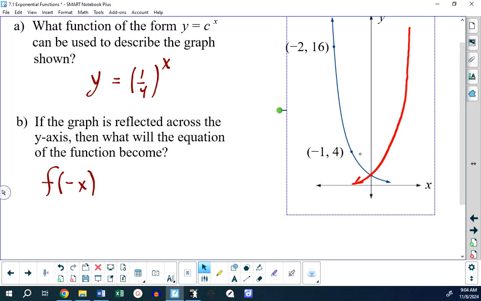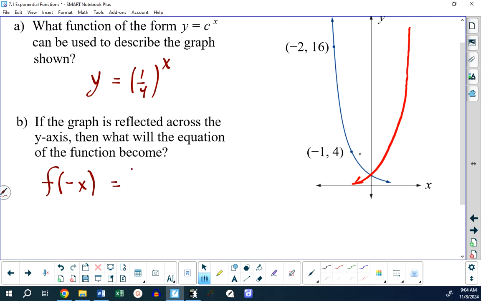Okay, let's keep that in mind. This will now become 1/4 raised to the negative x, which is the reciprocal of 4 raised to the positive x. And I hope you can see by looking at that graph that I drew that the rate of change is going to be tripling by a factor of 4. Any questions with B?